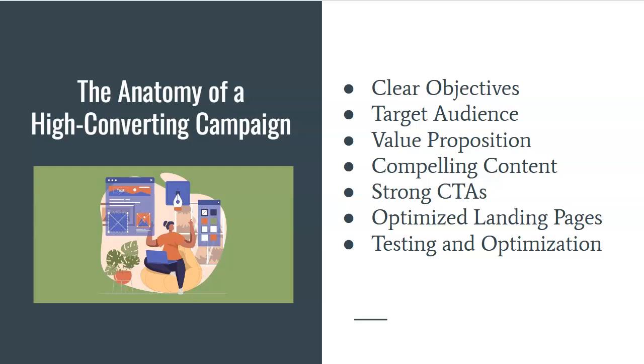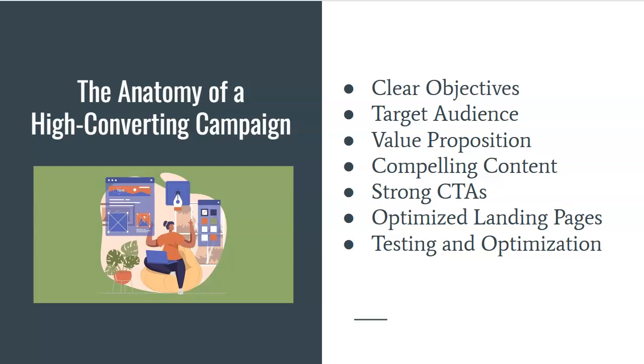And then what really drives your visitors, your audience to take your desired action, is when you have a strong call to action. And then again, it is these calls to action, this compelling content, these value propositions and target audience and your clear objective, everything must sit on an optimized landing page or website in order for you to get results.